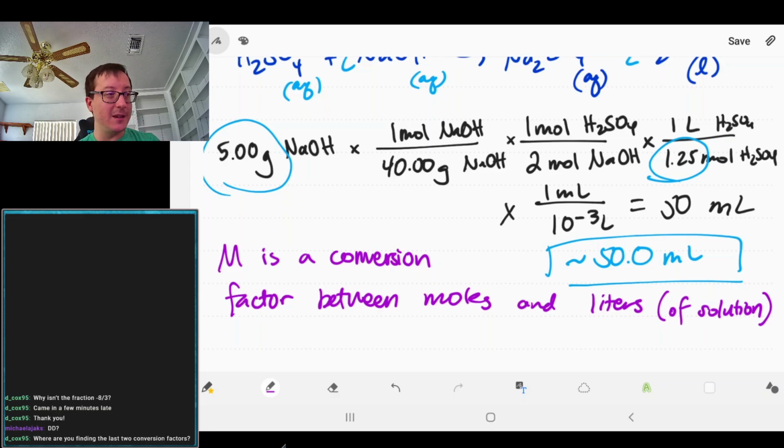And indeed, that's one of the more common laboratory experiments that we would do around this time, is using molarity of a known concentration to find molarity of an unknown substance's concentration. Let's take a look at that.